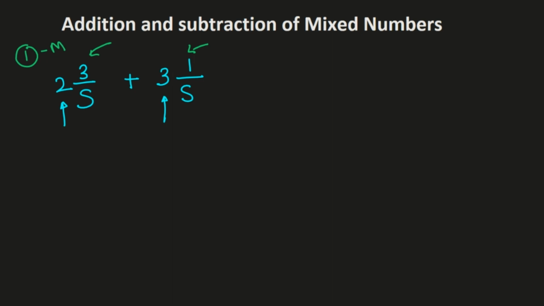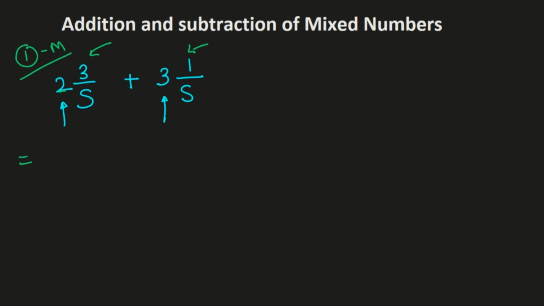First method. What I'm doing, I'm converting these mixed numbers into improper fractions. Let's do 2 and 3 upon 5. So what do you have to do? You have to multiply the whole number and the denominator, right? Then 2 into 5, it's 10.